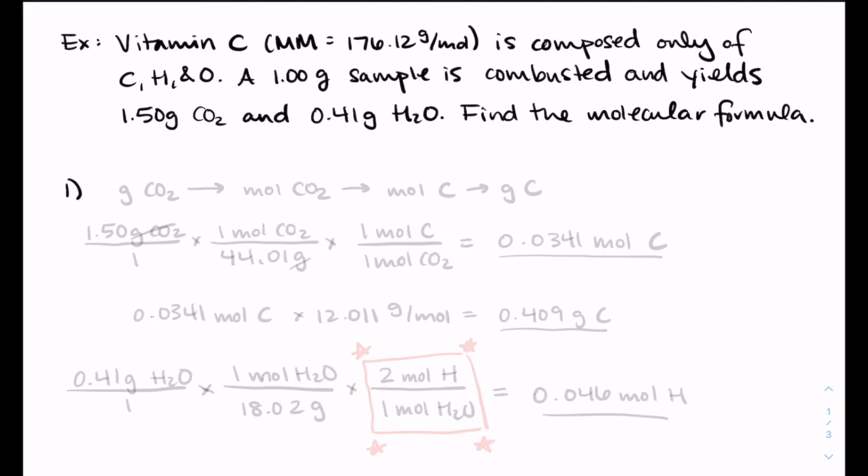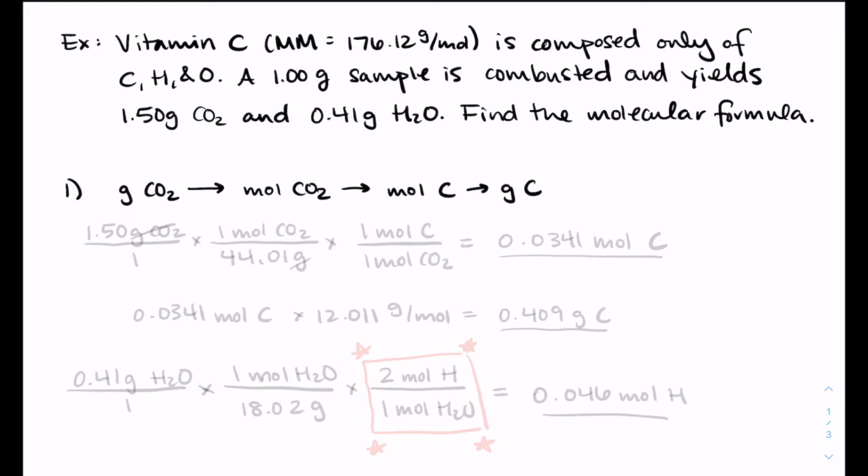Step one was taking the grams of carbon dioxide and using it to find the grams of carbon. We're going to apply a couple of things here that are from previous videos. One is that we're going to need the molar mass of carbon dioxide. So we know how many grams of carbon dioxide were produced, because I didn't finish reading it in the problem, but it was 1.50 grams of carbon dioxide.